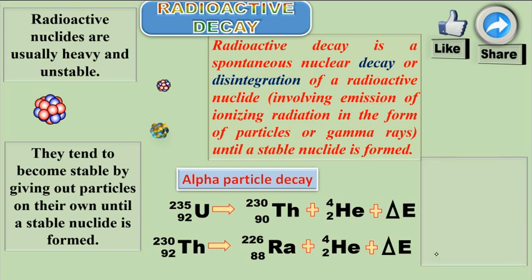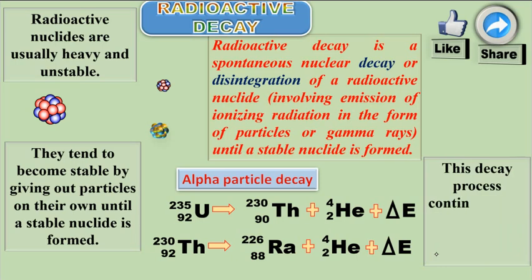So it's very important. Energy is always released. This decay process continues until a stable nuclide is formed. That's what we refer to as radioactive decay or radioactivity.